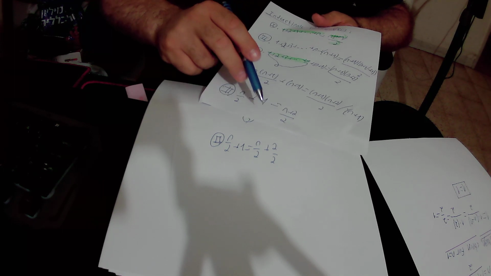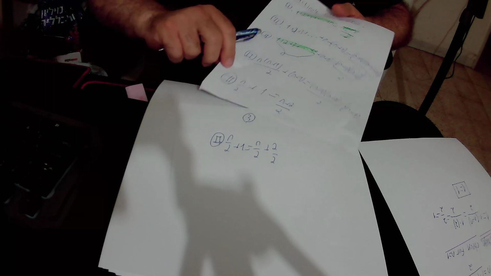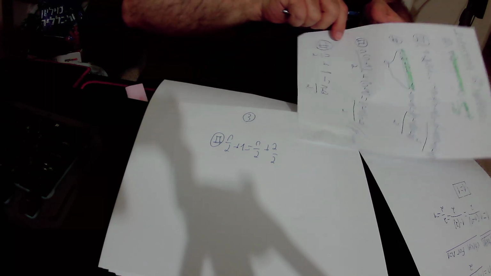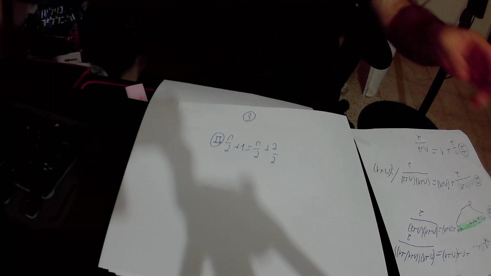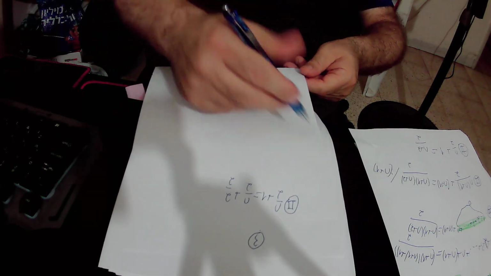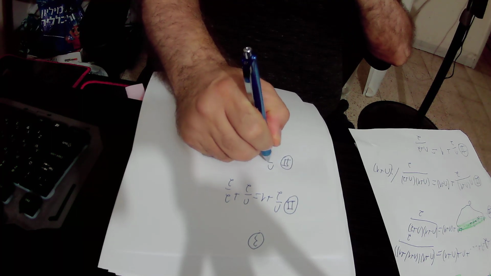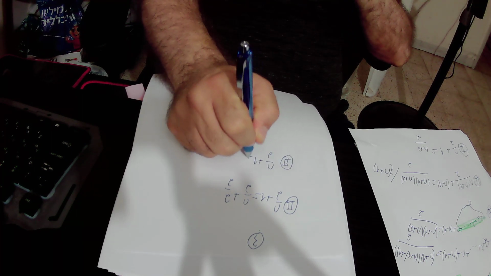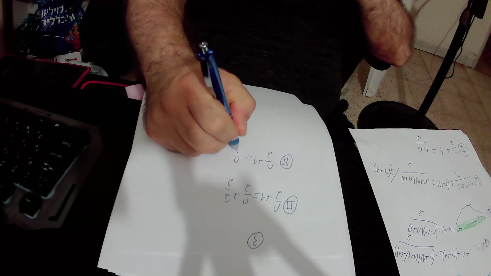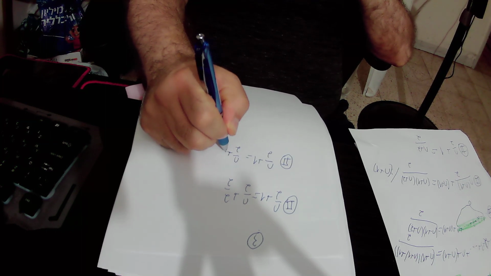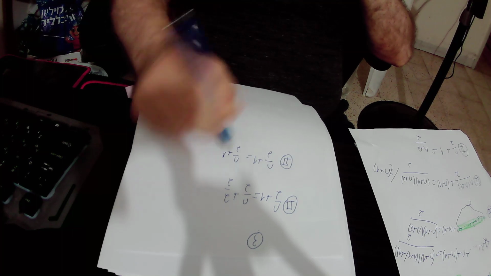And 2 divided by 2 is 1, so we will write it down. So we got here an identity.